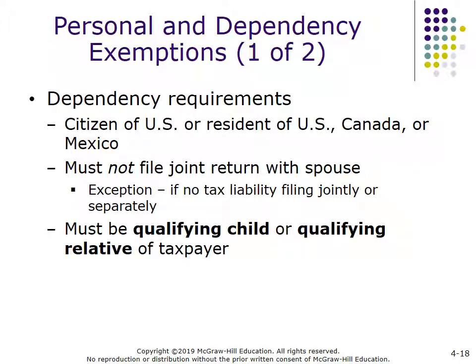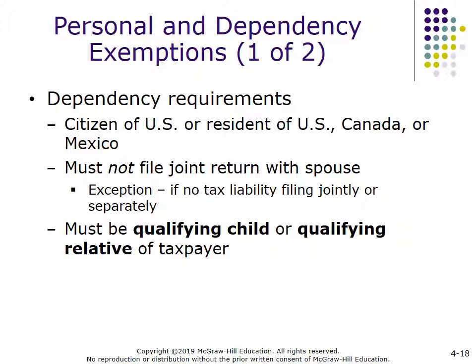Now, there are two rules that are common among the two separate tests for dependents. There's tests to determine if someone is a qualifying child dependent, which if you can get somebody to be your qualifying child dependent legally, that's the status you want them in.